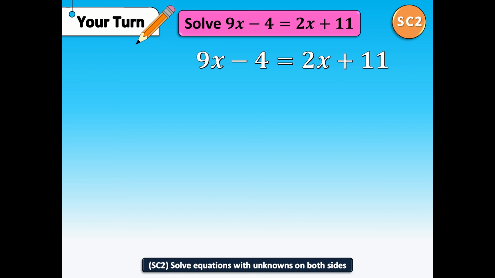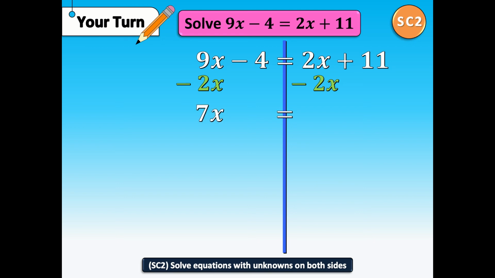So we want to solve the equation 9x minus 4 equals 2x plus 11. So we draw a line through the equal sign, and we think about which is smaller, 9x or 2x. Well, 2x is obviously smaller, so we take 2x off both sides. That leaves us with 7x minus 4 equals positive 11.